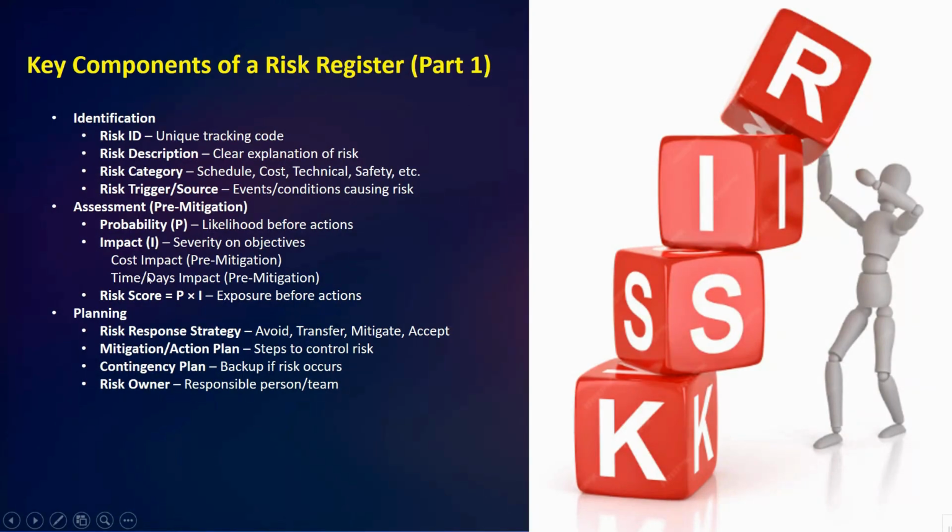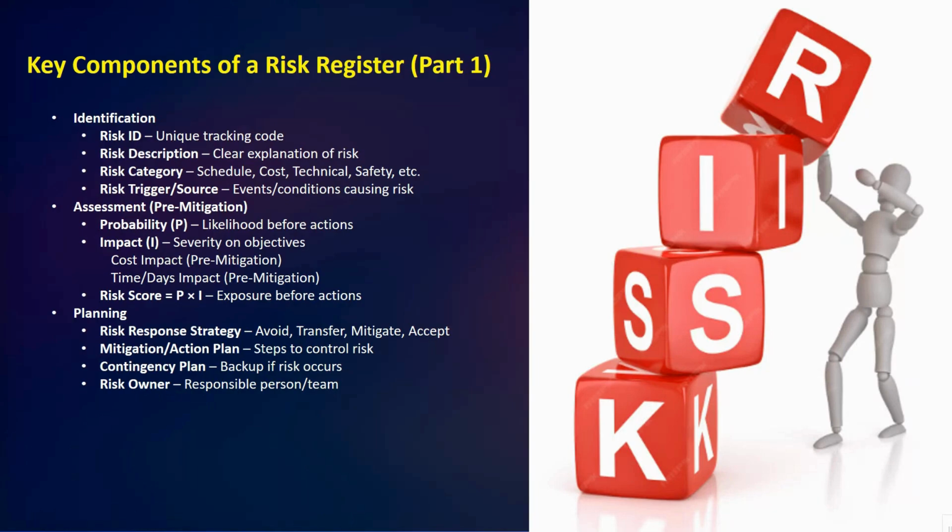Under impact, you can see cost impact, then time delay impact, both for pre-mitigation. Then the risk score equals probability multiplied by impact. That will be the exposure before action. So we evaluate the risk before any actions are taken.